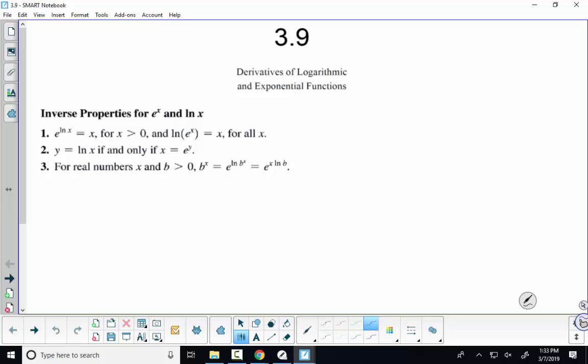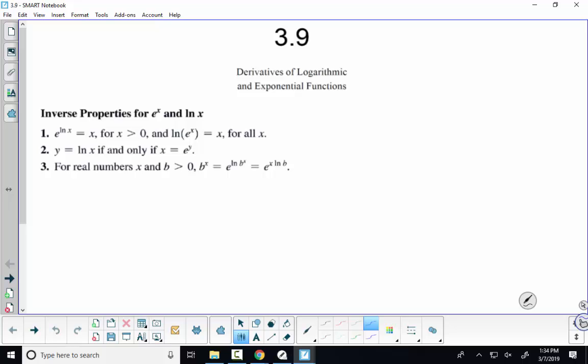In 3.9, we're looking at the derivatives of logarithms and exponentials. We've seen thus far the derivative of one particular exponential. So here we'll look at the derivative of all of the other exponentials, like what's the derivative of 2 to the x power? Some properties of the exponential base e and its inverse, the natural log, are given there.